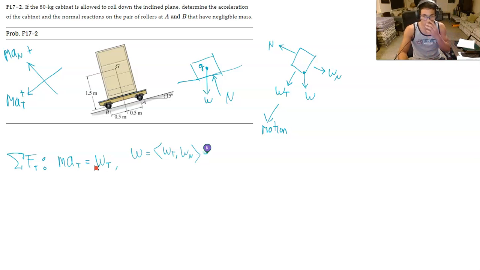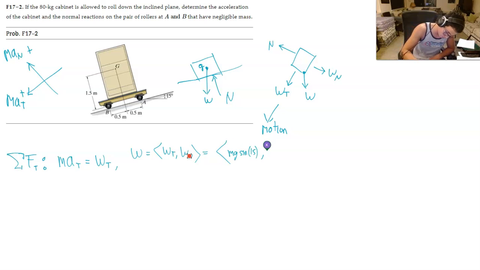Well, what it really means is that there's going to be a trigonometric function applied with this angle. There's a lot of weight pushing down in the normal direction, right? So it's going to be cosine 15 for the normal direction, and sine 15 for the tangential direction. So it's going to be mg sine 15, and then mg cosine 15.